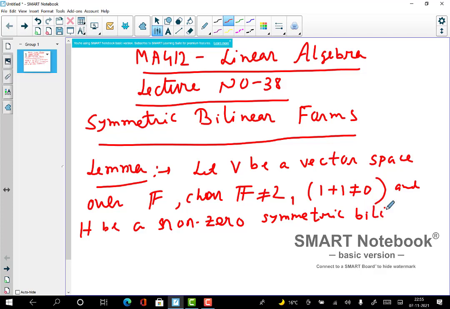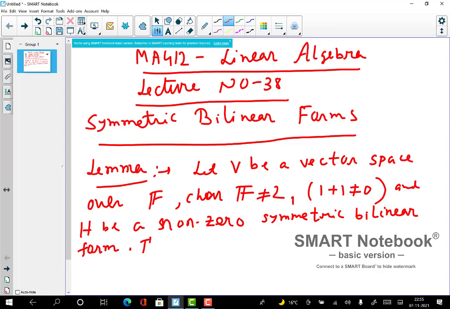Okay, so this is given to us. I have a vector space over a field whose characteristic is not equal to 2, and I have a non-zero symmetric bilinear form. With this condition, we can find a vector.